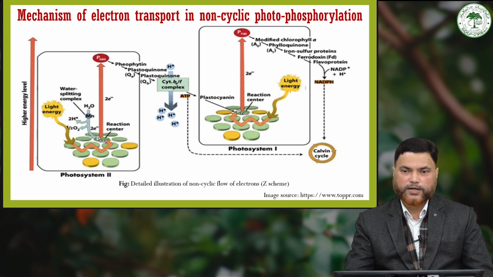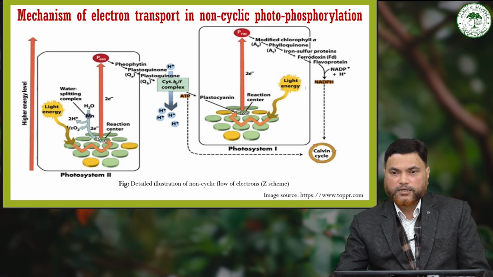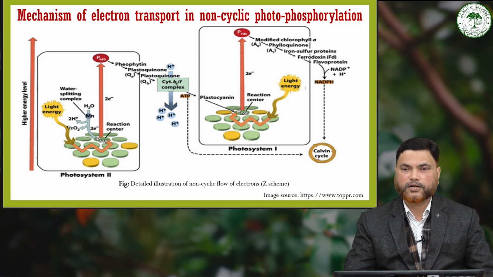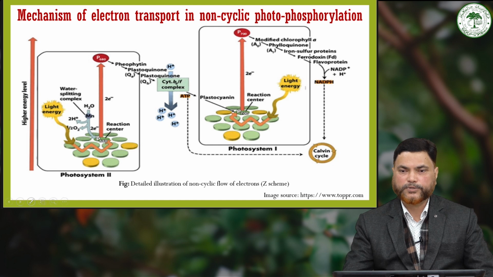After the special pair of P680 in photosystem 2 absorbs energy and gets excited to a high energy state, this excited P680 can now donate its electron to the primary electron acceptor pheophytin, initiating a series of redox reactions in the first part of the photosynthetic electron transport chain.